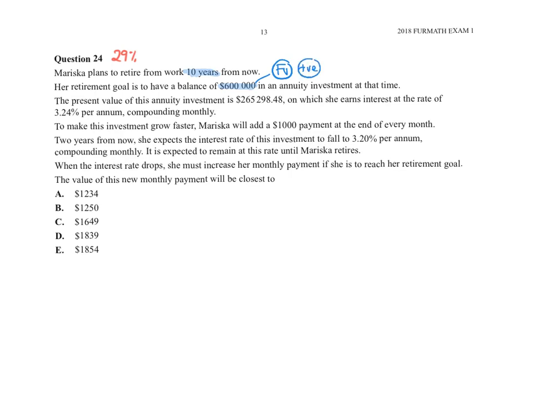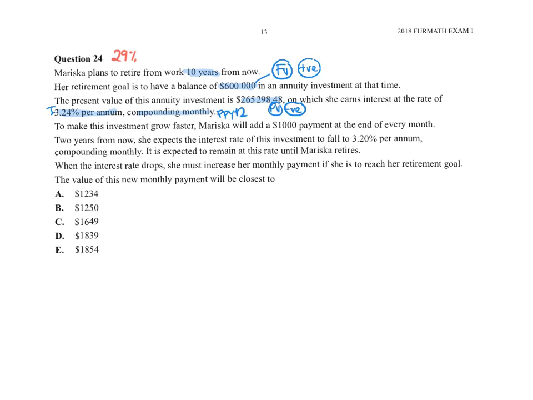The present value of the annuity investment is at the moment this. So this is a PV, but because you're investing it, you're giving it to the bank, so it's actually a negative. And the interest per annum, they're giving you I there. And compounding monthly, they're telling you PPY is 12.